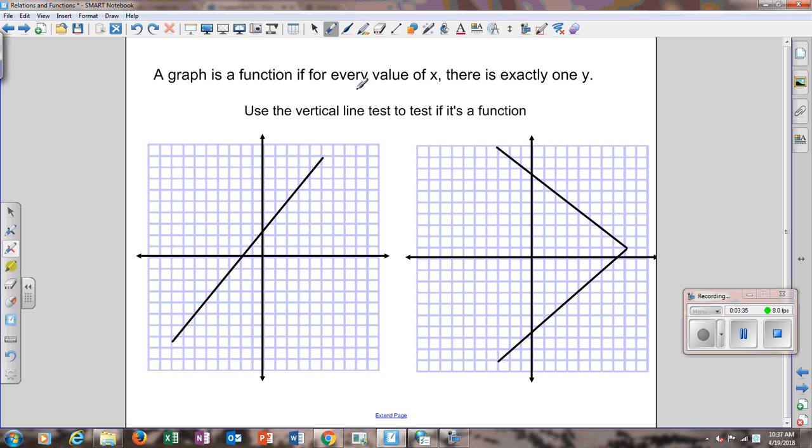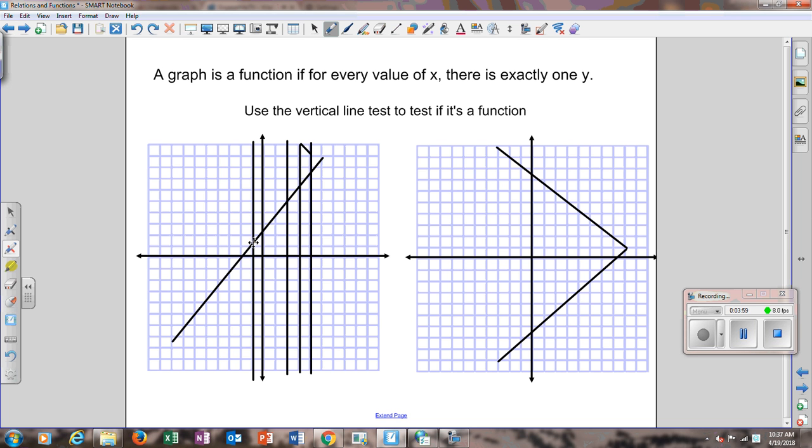A graph is a function if for every value of x there's exactly one y. So if you have a graph, the easiest way to check it is to run the vertical line test. If I draw a vertical line, it should only hit the graph of your function at one point for each vertical line.